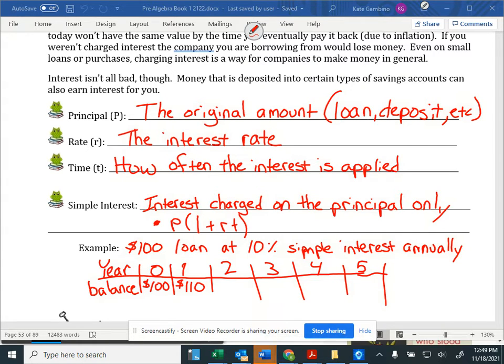So it's not just 10% of 100, 10% of 100, 10% of 100 that we keep adding on. We want to do our formula. So it would be 100 is our principal times 1 plus our rate, the interest rate is 10%, times our time, right?